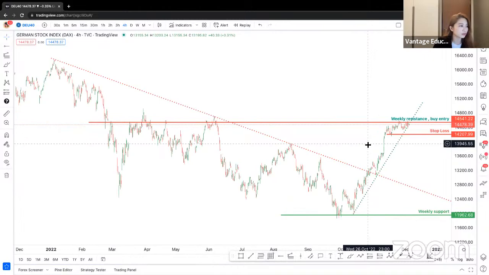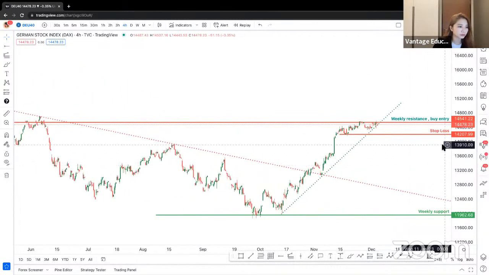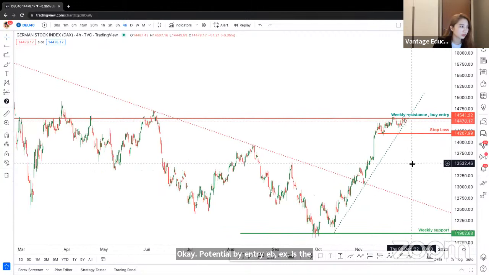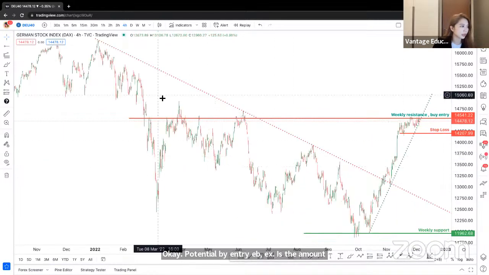Okay, potential buy entry if it exceeds the amount, looking for the next high.